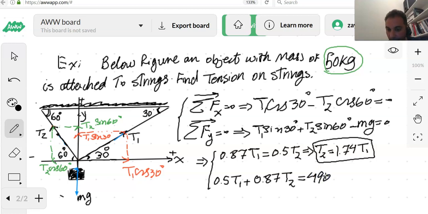So here is one equation and here is the second equation. We have actually two equations with two unknowns.